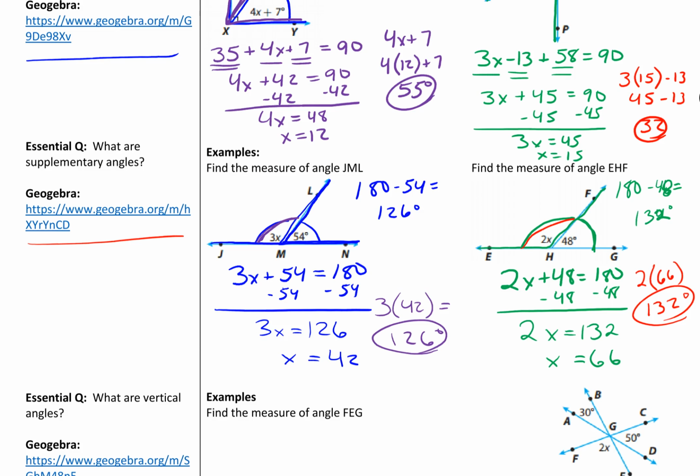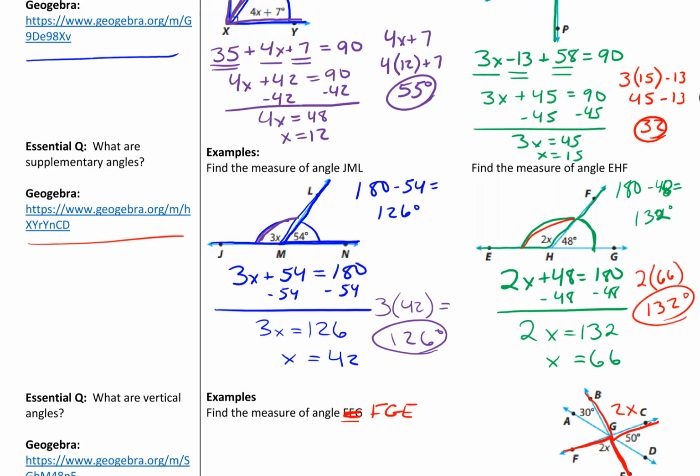So we want to find the measure here of FEG, which is right here. Actually, that is FGE. Okay, we know that it's 2x, but we want to find the actual measurement of it. So think about your vertical angles. We know that angles across from each other are equal. So if this FGE is 2x, that actually means that BGC is also 2x.